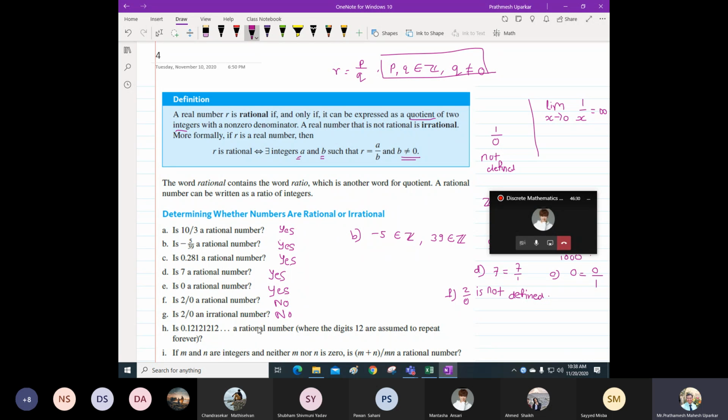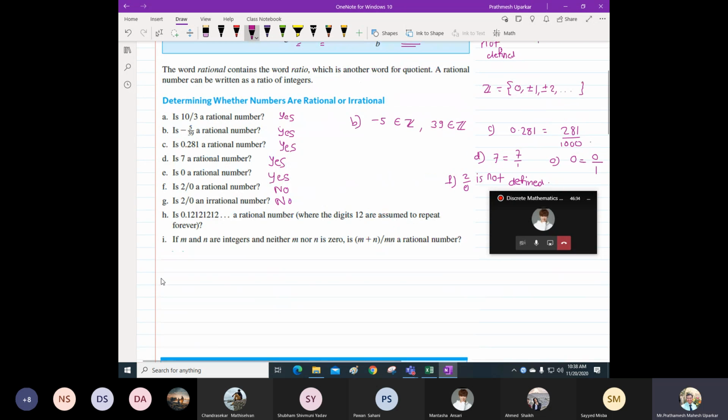What about this number? H, and I will solve. What is the number? I will take it as x. x is equal to 0.121212 and so on. Matlab this pattern is getting repeated. What is 100 times x?